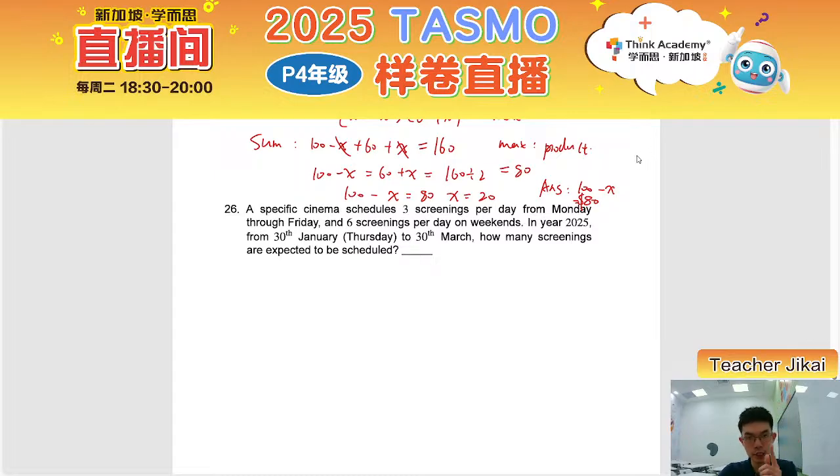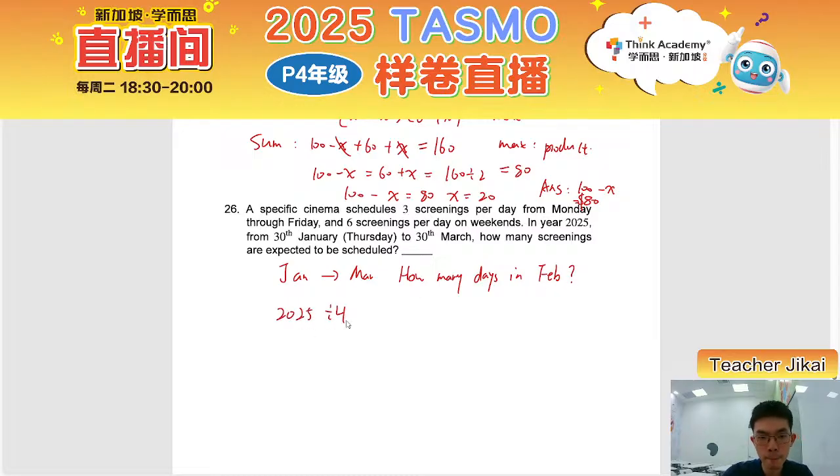Okay, so there's one special thing here. From January to March, yes, we have a February. So how many days are there in February? It will depend on the year. So for 2025, divide by 4, it will be something remaining 1.